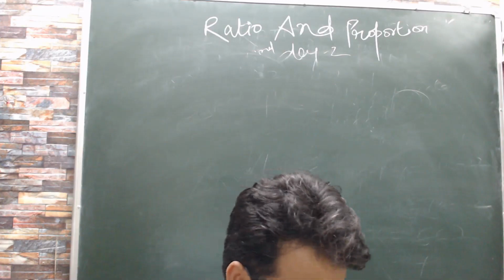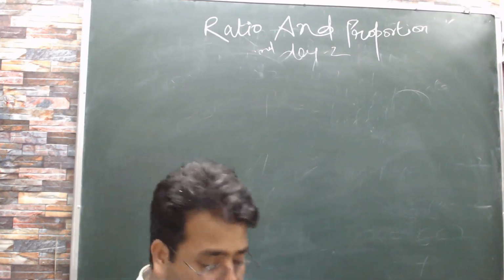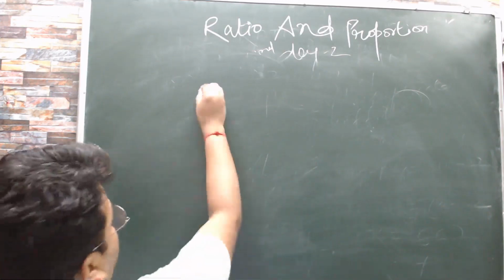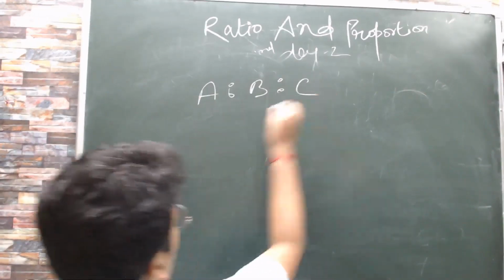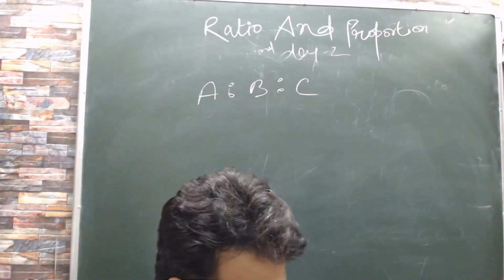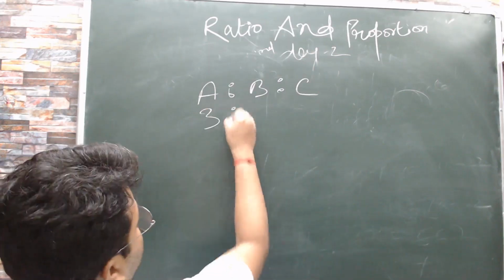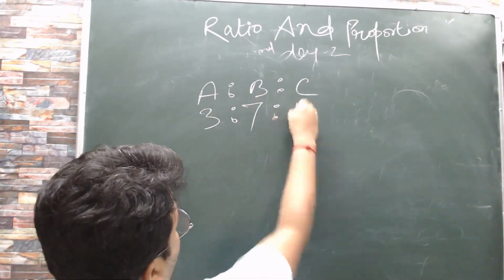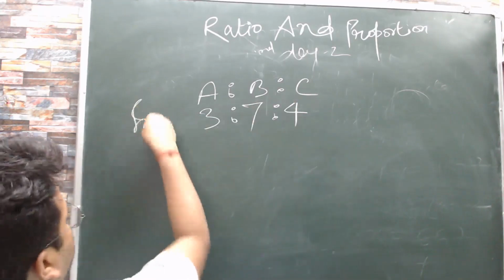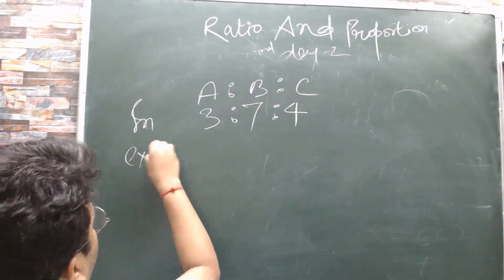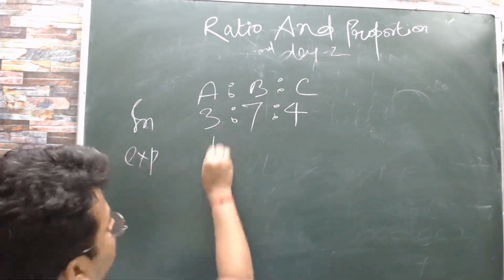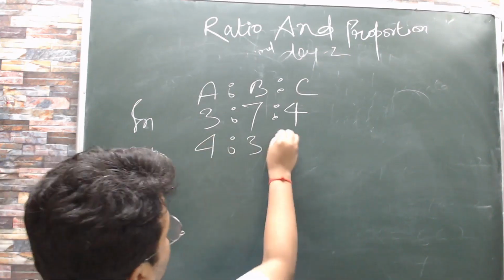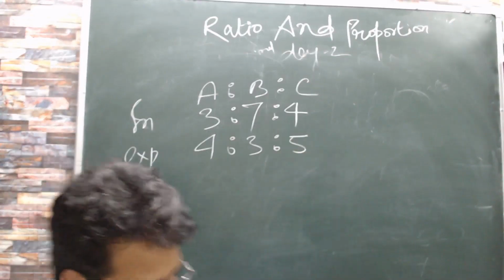Write the next question. The income of A, B, and C are in the ratio 3:7:4. This is the income ratio. And their expenditure ratio is 4:3:5.